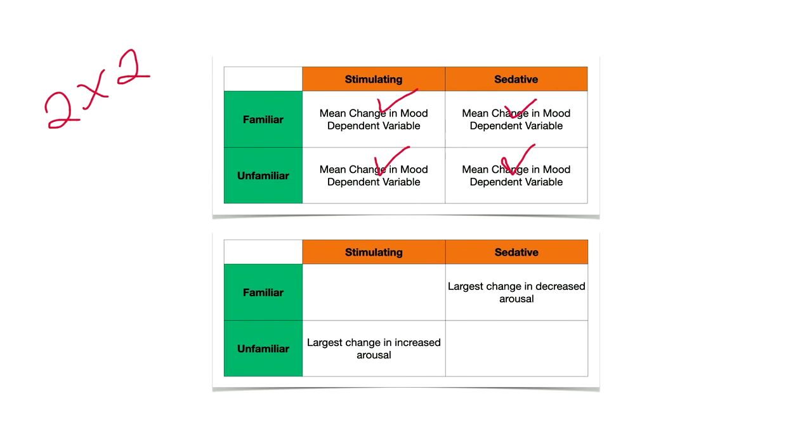When I measured the differences, there were differences between the effect of familiar and unfamiliar along this axis, and there were effects along this axis. However, there was also a diagonal effect. It could have been this way, or it could have been this way. But it was this way, and that indicated that there was an interaction between these variables and these variables.